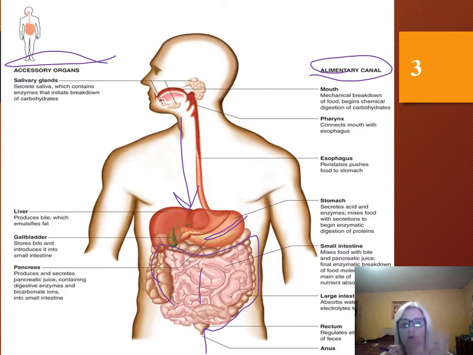The accessory organs, there are 4 accessory organs. The first of those are the salivary glands. We have 3 of those, and those initiate the breakdown of carbohydrates, among other things. Then we have the liver, the gallbladder, and the pancreas. Those are extra organs that secrete substances into the alimentary canal that help us with digestion.